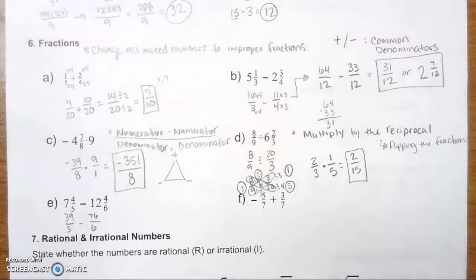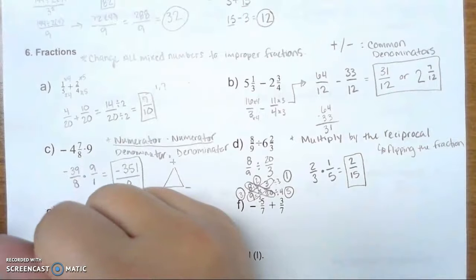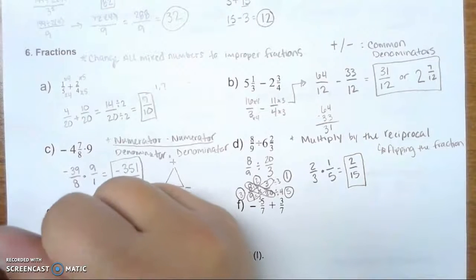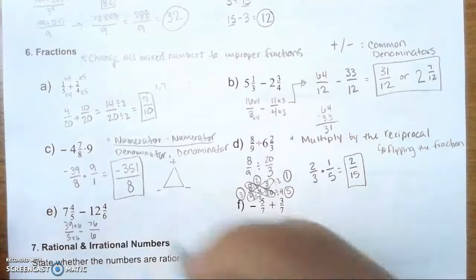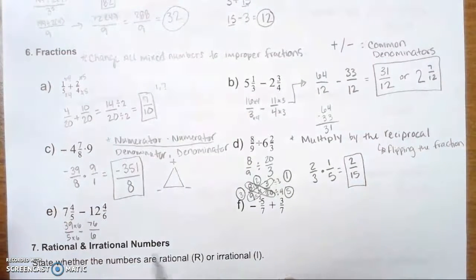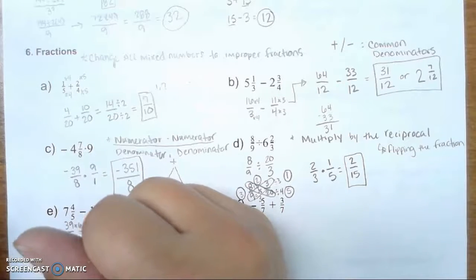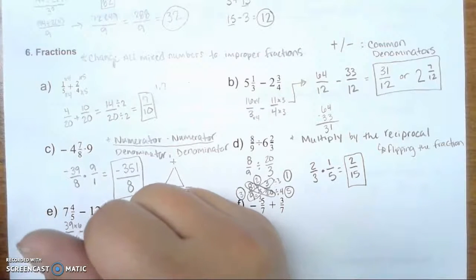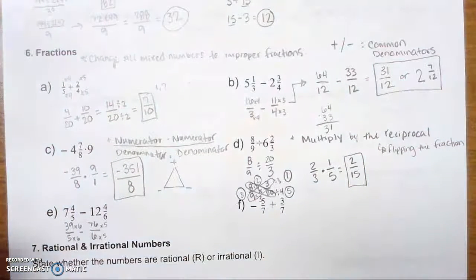So we need to get the least common multiple, which would be 30. So I would multiply the first fraction, numerator and denominator, by 6. In the second fraction, I would multiply the numerator and denominator by 5.